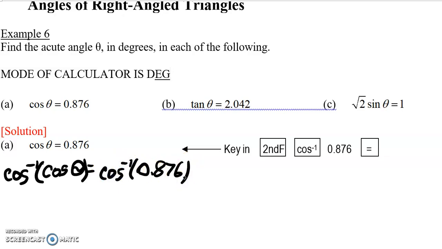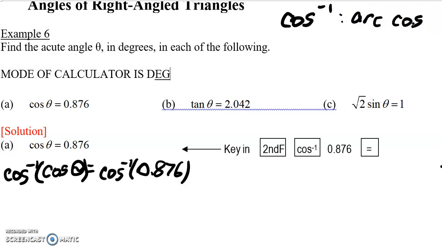Now, looking from here, I will pause for a moment to talk about this inverse of cosine. A lot of you may be tempted to state this as cosine inverse, but that is not the correct way of addressing this terminology. Take note, this is not called cosine inverse, it is called arc cosine.